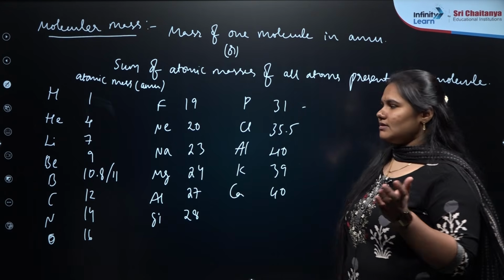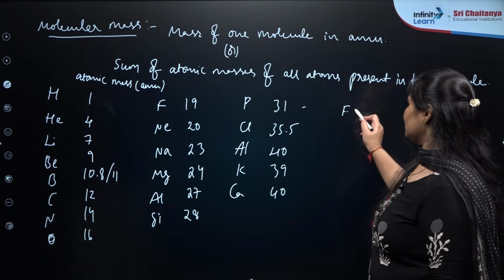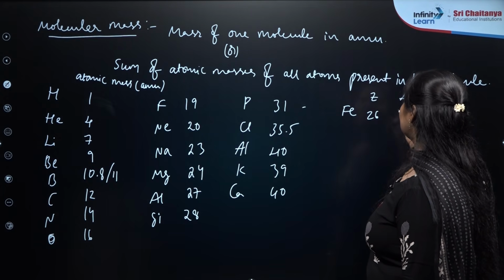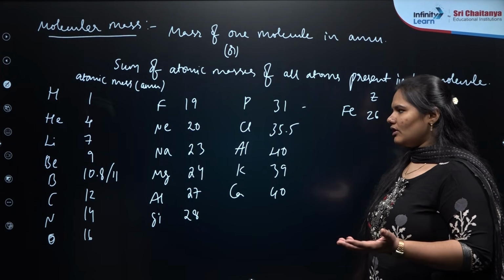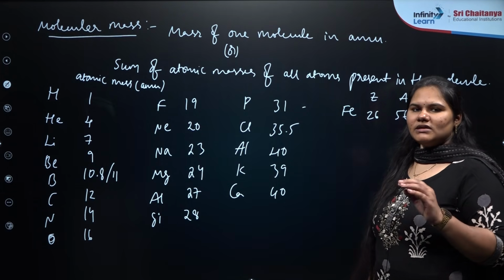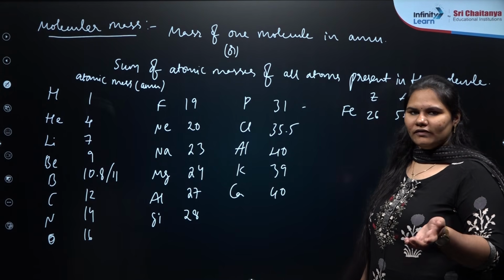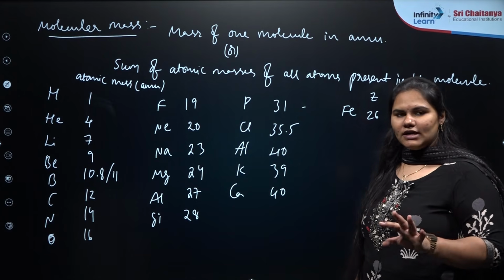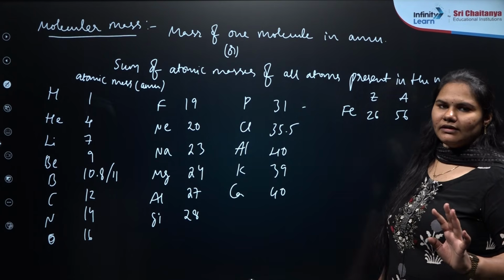Along with that, some more other elements are there which you have to learn. Like iron, atomic number is 26, mass number is 56. So you should not think that whatever you have learnt till now, atomic mass is just its atomic number into 2 for even numbers and plus 1 for odd numbers, but the trend is not for all elements. It works only maximum till 20 elements.